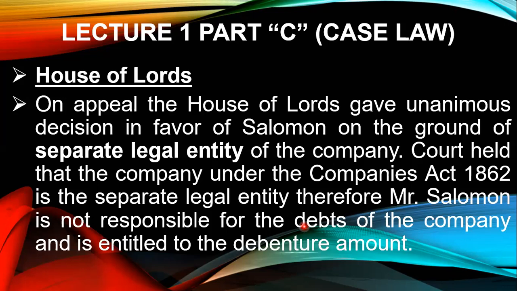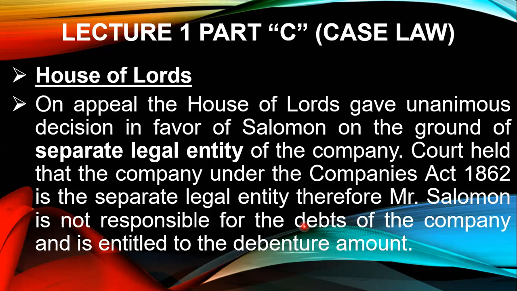The court held that as the company is legally registered under the Companies Act 1862, after the registration it became a separate legal entity. It has its own separate personality from that of Mr. Solomon.